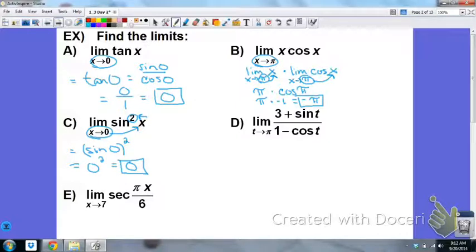D says find the limit as t approaches pi of 3 plus sine t all over 1 minus cosine t. Again, we can use our properties of limits to split this up.